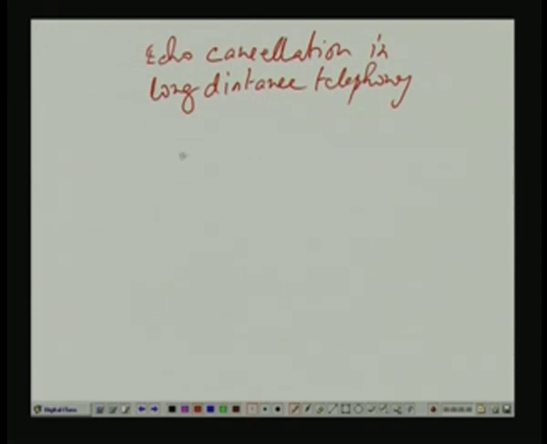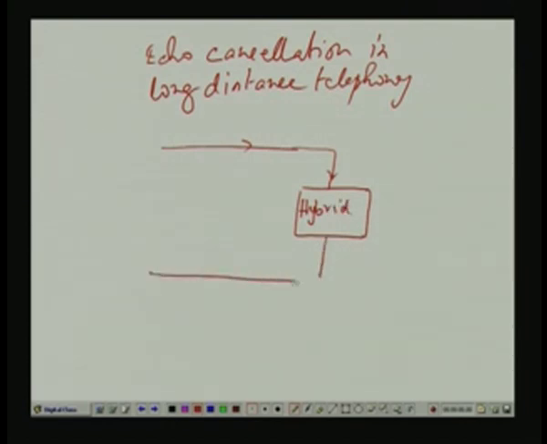What happens there is that, to this end, suppose this signal is going, then there is something called a hybrid.